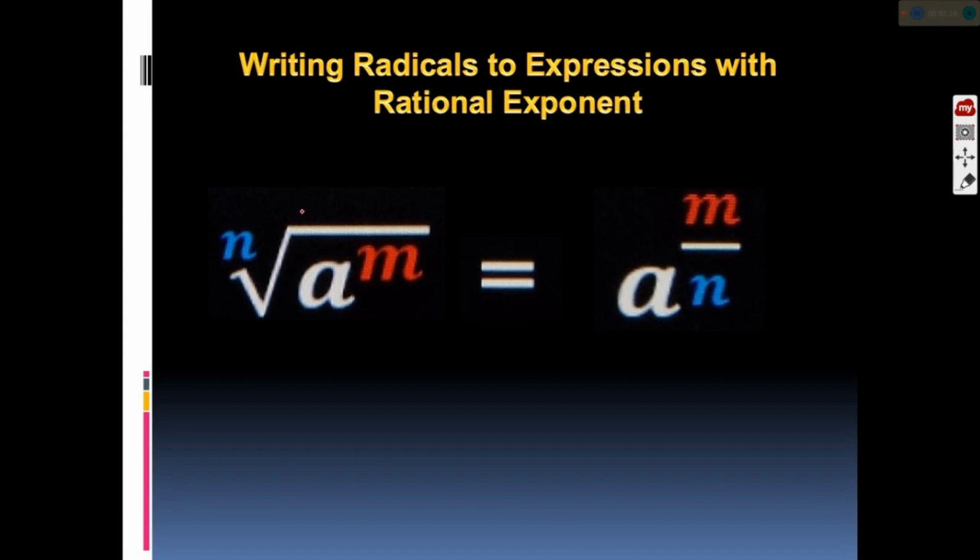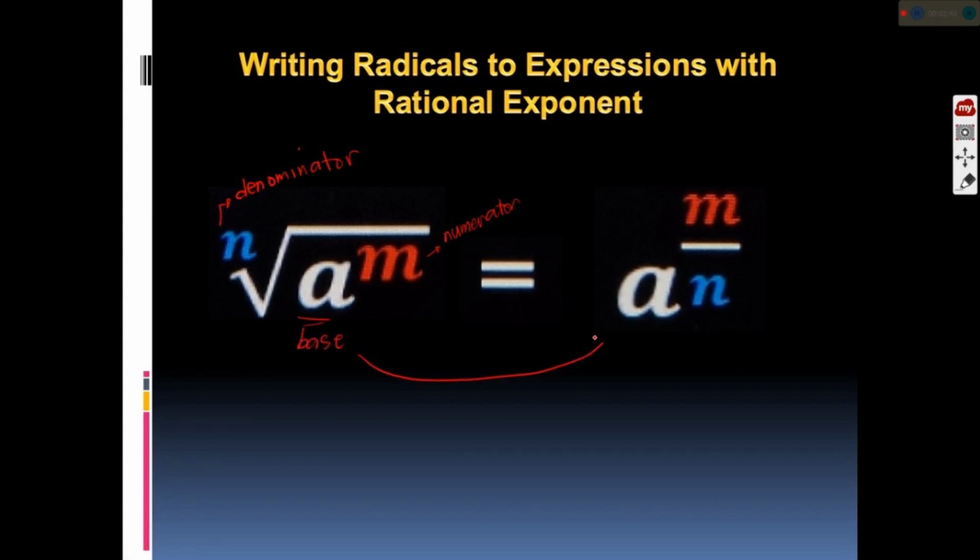So, tatandaan nyo po, yung index, ito po yung nagiging denominator ng rational exponent or fractional exponent. Ito pong exponent na nasa loob ng radical sign, kasama ng radicand, ito naman po yung numerator ng fractional exponent. So, ito pong a, ito yung magsisilbing base.